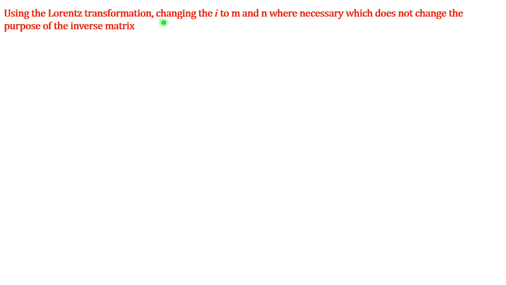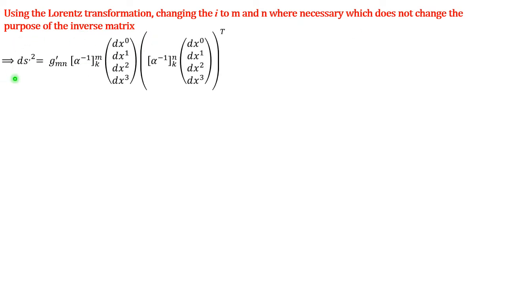Using the Lorentz transformation, changing the i to m and n when necessary, which does not change the purpose of the inverse matrix, we have ds prime squared equals g prime mn, alpha inverse mk, dx0, dx1, dx2, dx3, and we have here the transpose of alpha inverse nk, dx0, dx1, dx2, dx3.